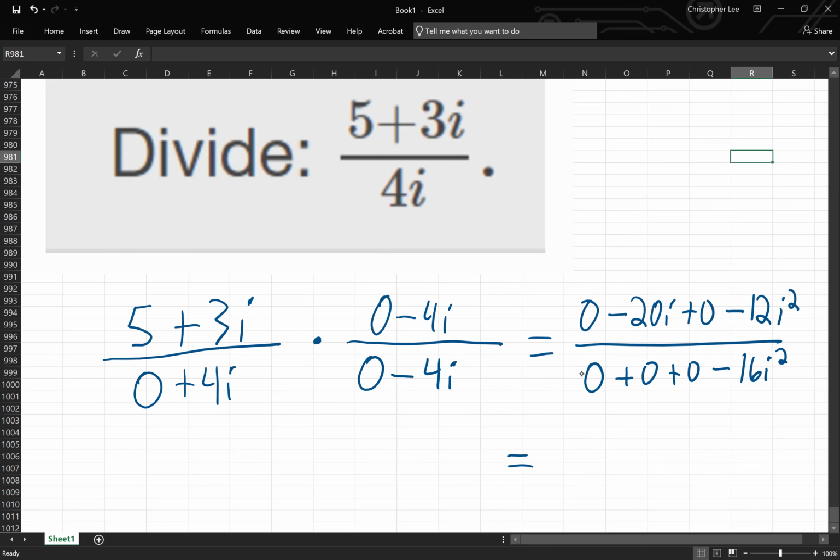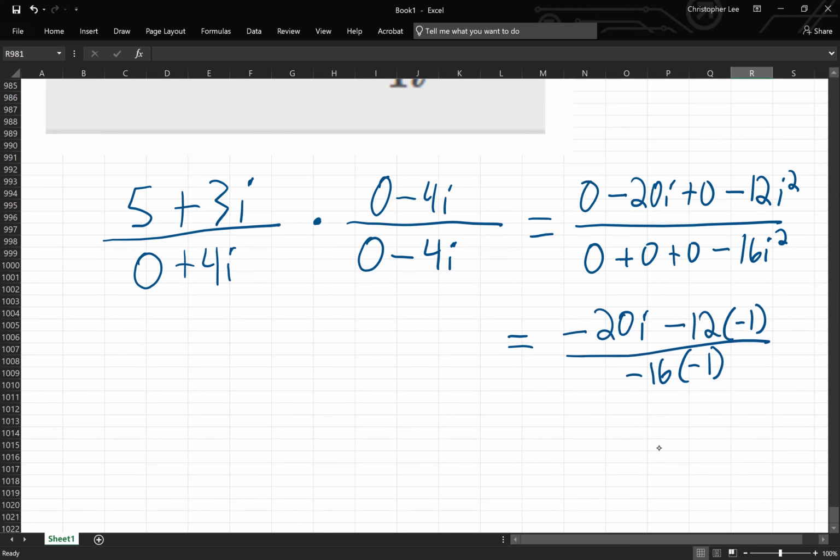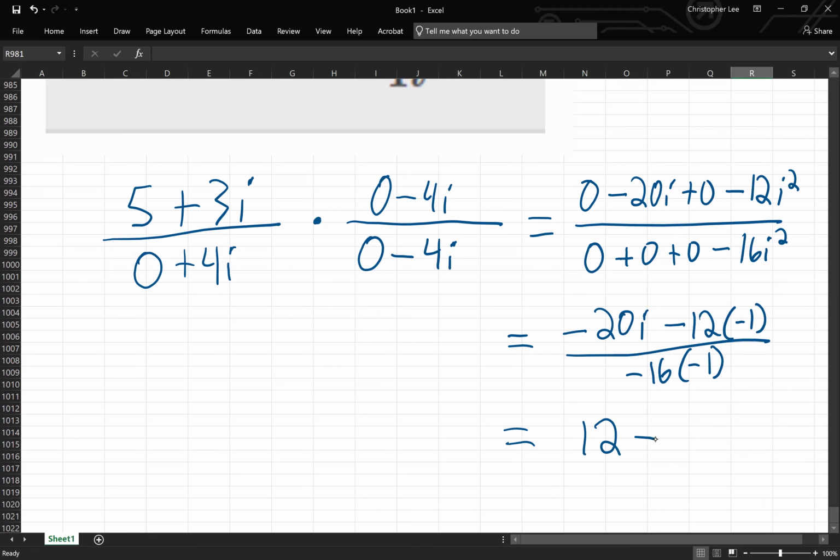Let's combine like terms, all that good stuff. This is going to become negative 20i minus 12 times negative 1 over negative 16 times negative 1. Let's simplify this down. Real number first. It's going to be positive 12 minus 20i.